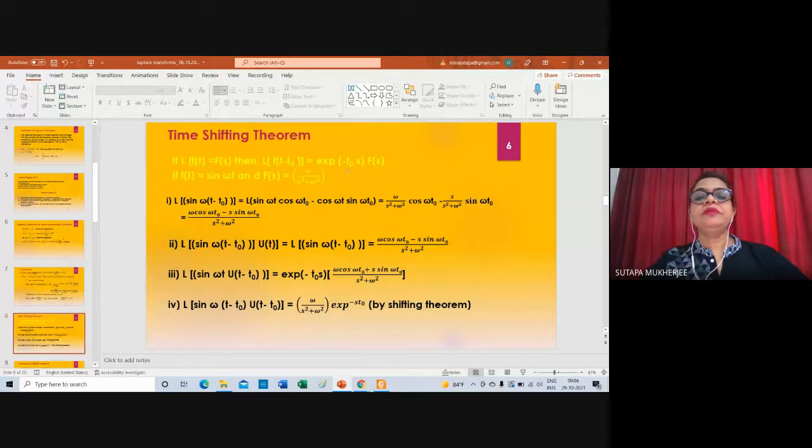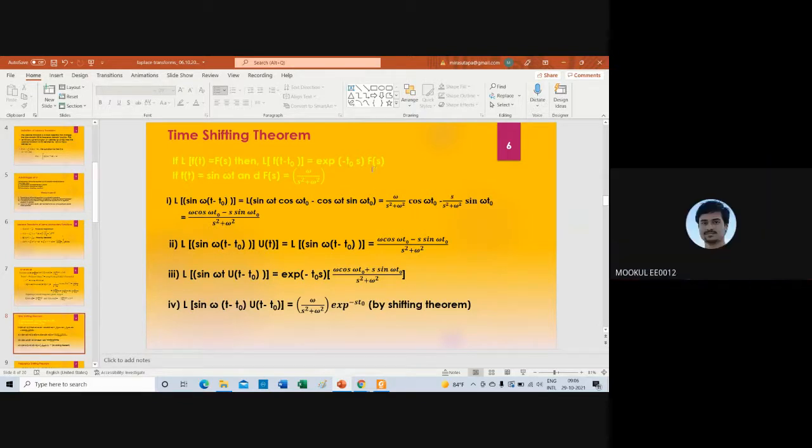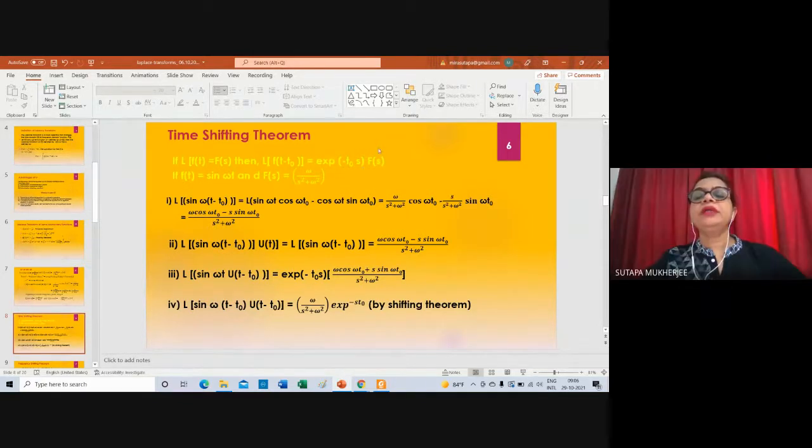If it is shifted by, yeah, this one: e to the power minus t naught s. T naught s means capital Ts or L by 2s. Do you follow it? Yes, ma'am. The Laplace of that particular function into e to the power minus the time through which it is shifted into s. I think it is clear.